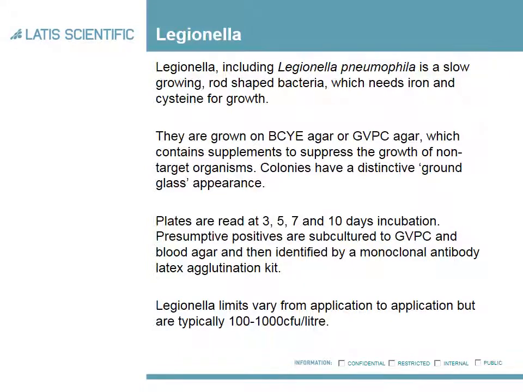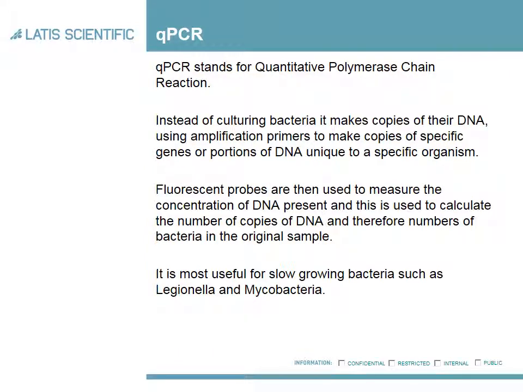As well as culture methods, we also offer molecular methods, the main one being qPCR, which is Quantitative Polymerase Chain Reaction. And instead of culturing bacteria, which can be very slow, Legionella can take up to 10 days, and mycobacteria can take even longer, up to a month, it makes copies of their DNA using amplification primers to make copies of specific genes or portions of DNA unique to a specific organism.